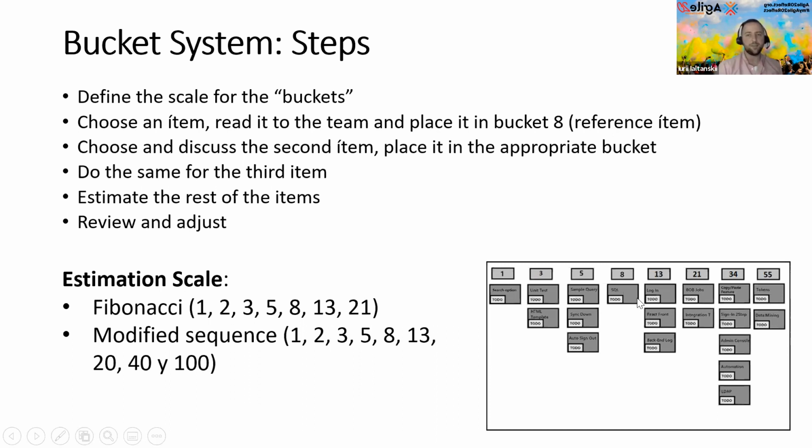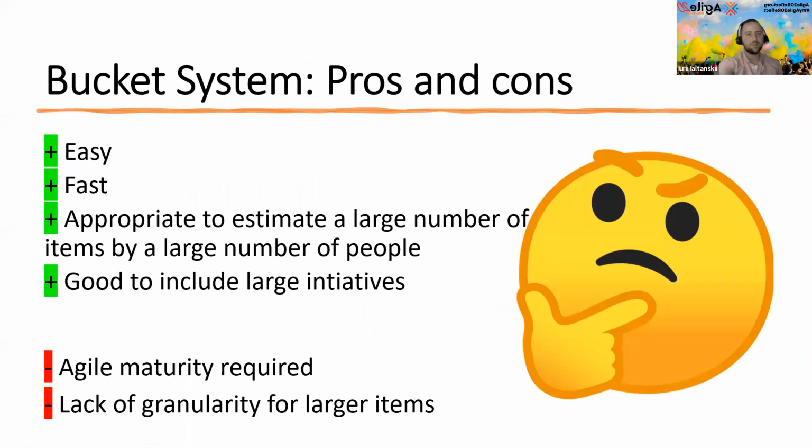The last step for the bucket system would be to review what's been done and make any adjustments needed, to fix the estimation for some of the items. The pros of this system are that it's easy, it's fast, and it's very appropriate for estimating a large number of items in a larger team.